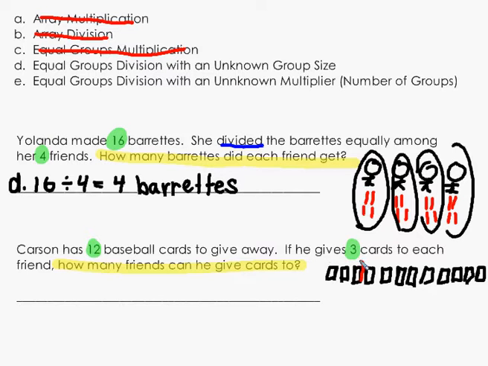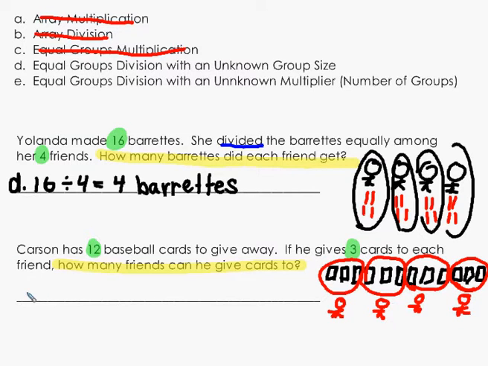All right, one friend's getting those cards. One friend's getting those cards. One friend's getting those cards. And one friend's getting those cards. 12 cards.